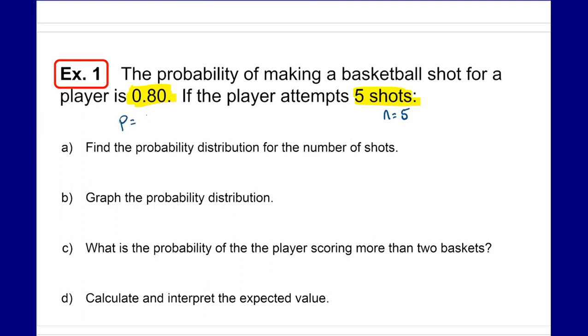So that means that p is 0.8 and q would have to be 0.2. 80% chance we make it, 20% chance we do not. So this is a binomial distribution. Each shot is independent of the previous one, and we're making the assumption that it's only a success or fail. It either goes in or it doesn't.